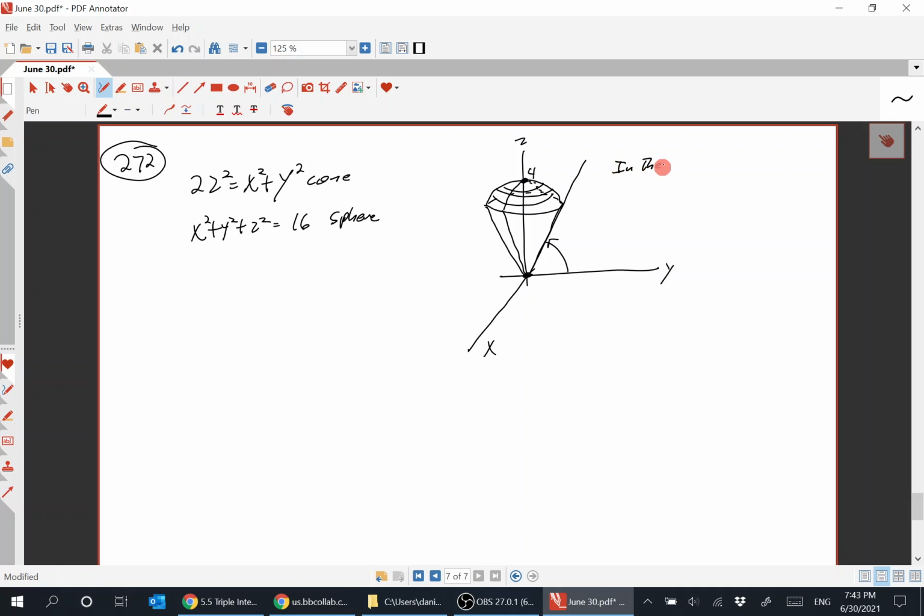So in the yz plane, 2z squared equals x squared plus y squared becomes 2z squared equals y squared. So z is equal to 1 over root 2 y. So this slope here is 1 over root 2. So what would the angle be?